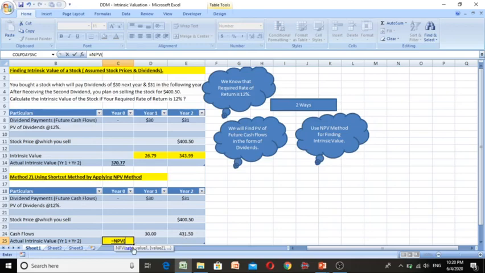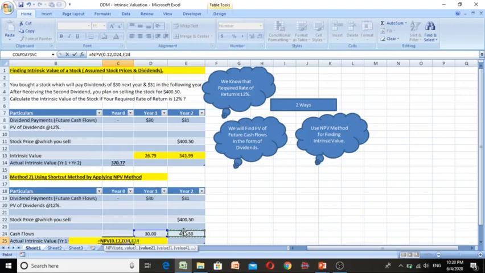So we write equals to NPV, and they are asking us to find the rate, and in this case rate is nothing but the discounting rate of return, which is 12%, which can be written as 0.12, comma, the first value, which is nothing but the first cash flow, is $30. So I write $30 over here again, comma, second value, which is the second cash flow, $431.50.